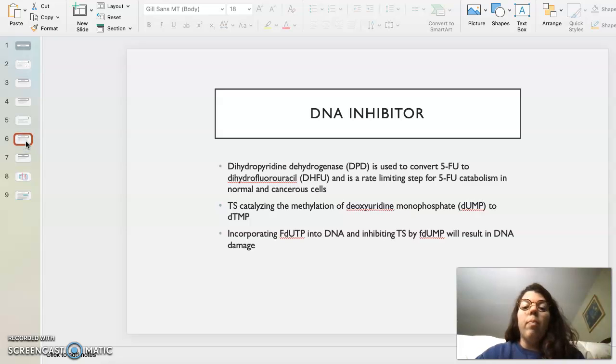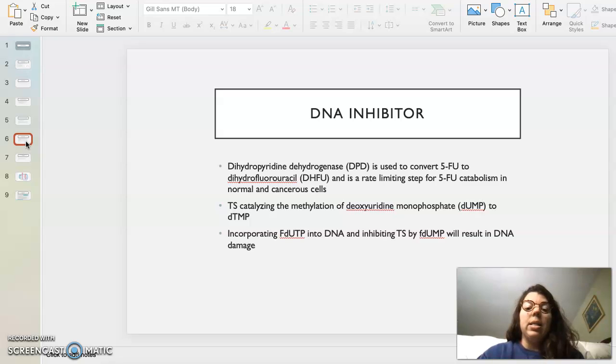So another pathway is the DPD, which is used to convert 5-FU to dihydrofluorouracil, and it's a rate-limiting step for the 5-FU catabolism for normal and cancerous cells.